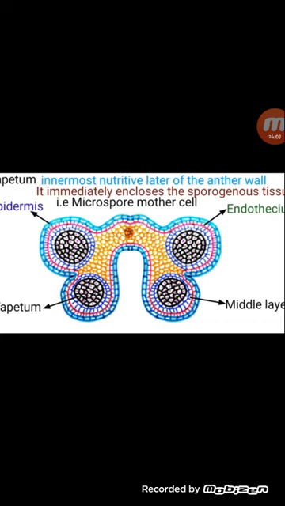Where is the tapetum located? Innermost of the anther wall. Function, nutrition. Immediately it encloses the sporogenous tissue, and this sporogenous tissue is the microspore mother cell.